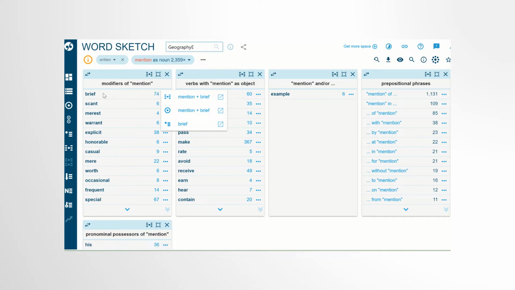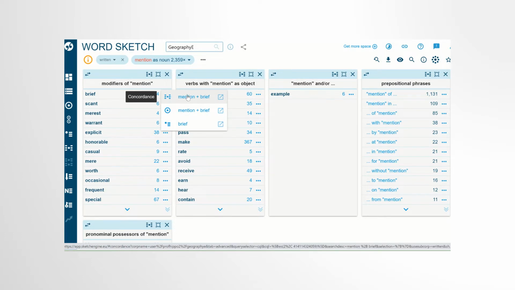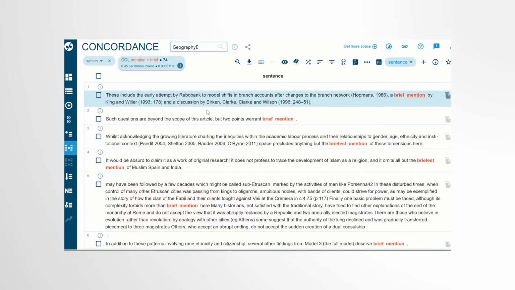Okay, so if we want to find out more about how brief is used in front of mention, we can click on these three dots here, and this should take us through to the concordance of mention and brief, and we can already see that the second sentence is exactly what we're looking for. 2 points warrant brief mention.